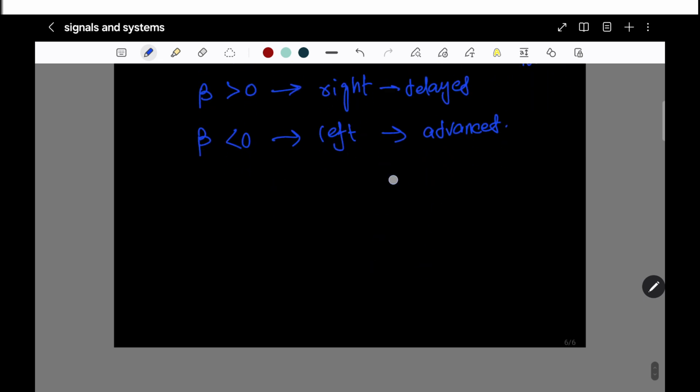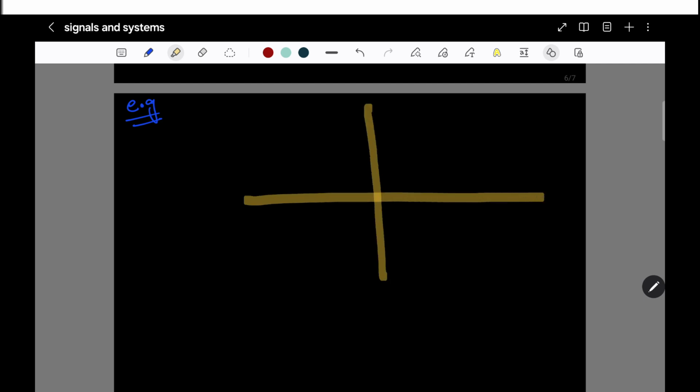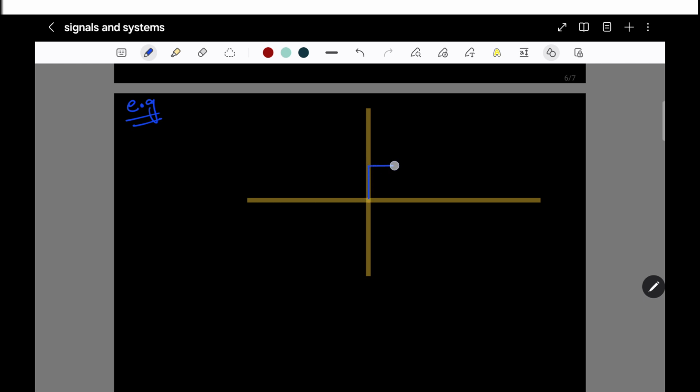So let's look at an example. Let's say you are given this signal. So this is the time axis, and this is the x of t signal.